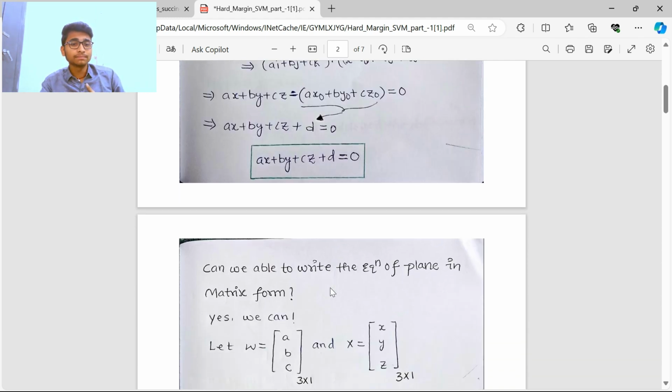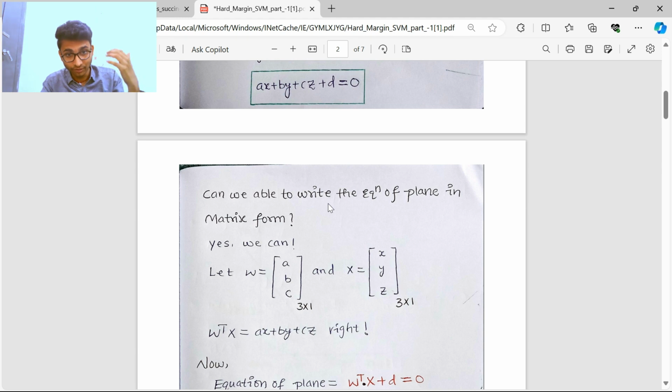Now I thought, can I express the equation of a plane in matrix form? Yes, we can. How?